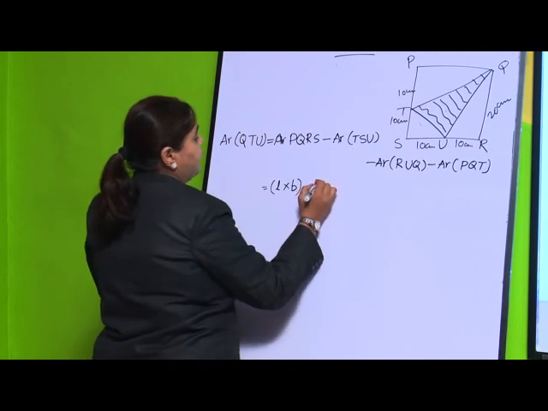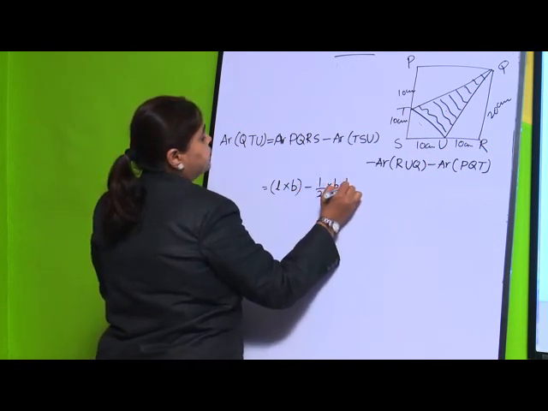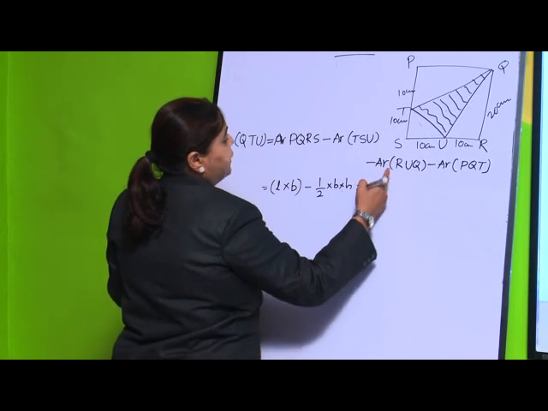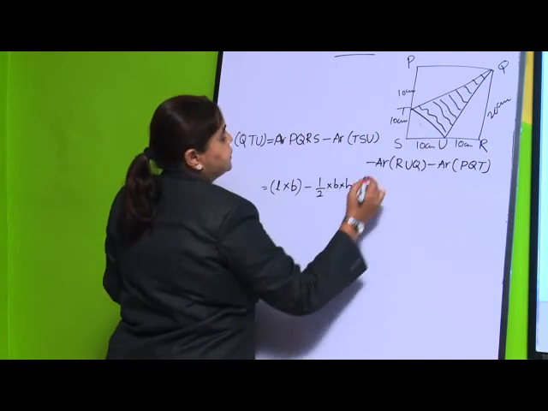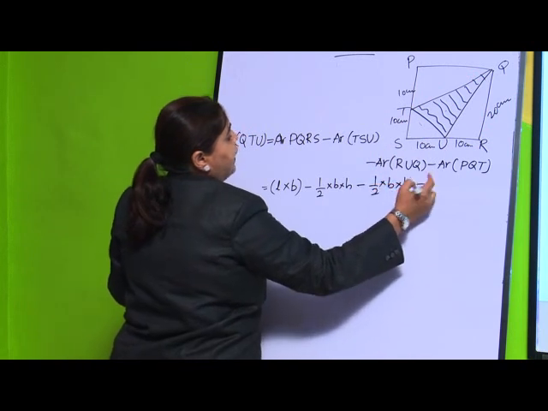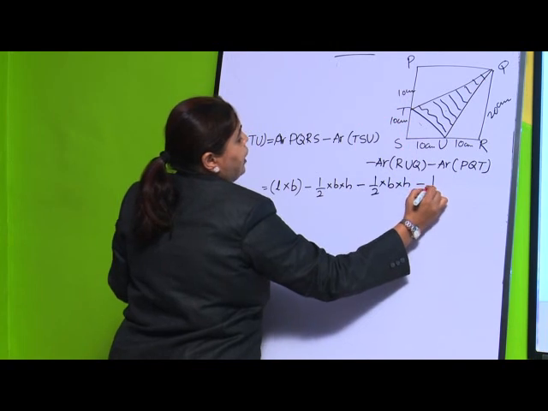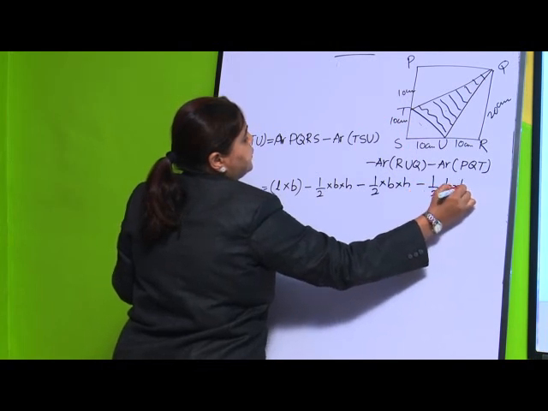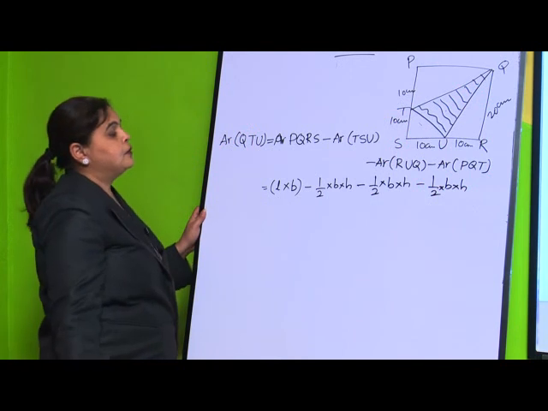So, what is the formula? It is nothing but half base into height, then minus RUQ, this we will write half base into height, minus PQT, this half base into height.